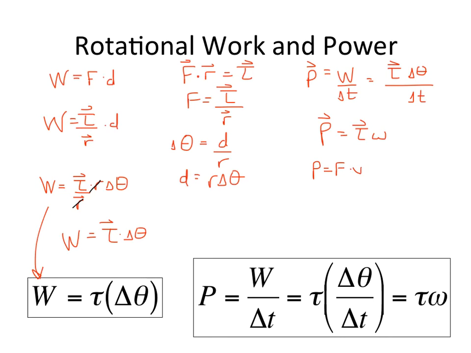Well, force being analogous to torque and velocity being analogous to angular speed is going to make that statement still true. So this right here, torque times angular speed, is what we've got there.